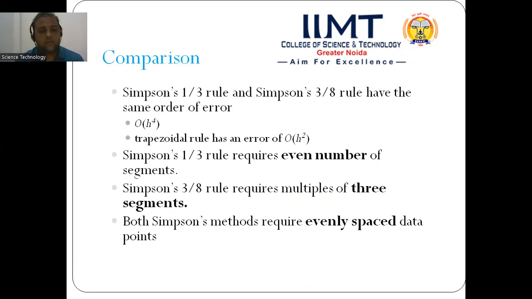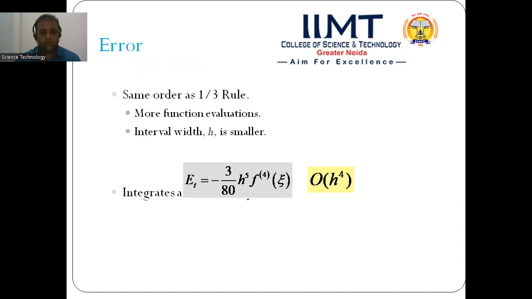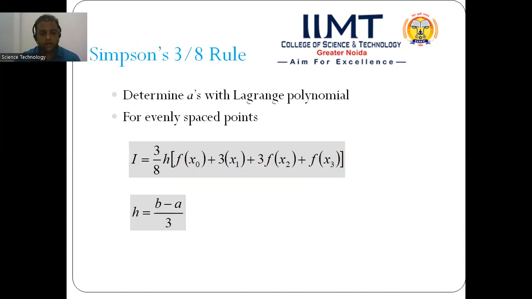So let's do a comparison between Simpson one-third and Simpson 3/8. Simpson one-third rule and Simpson 3/8 rule have the same order of error, that is h to the power 4. But the trapezoidal rule has an error of h squared. As we know, h is b minus a upon 3 if we are dividing into three equal intervals.